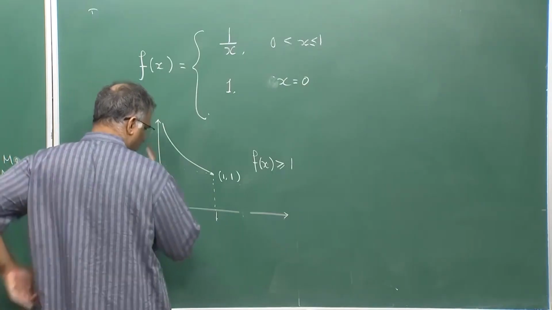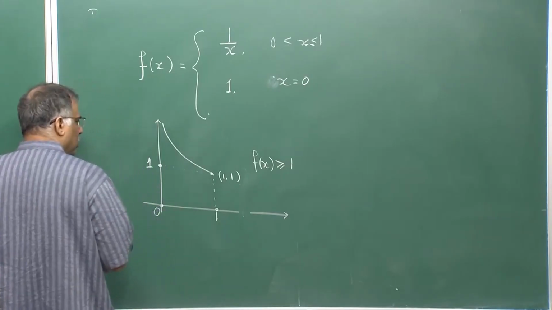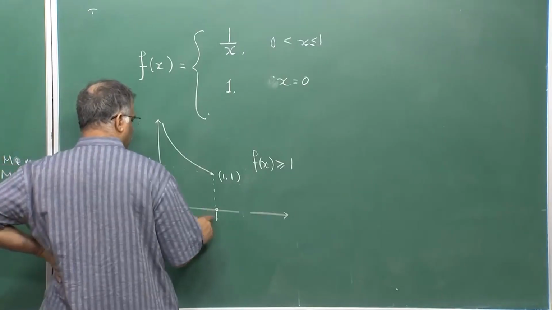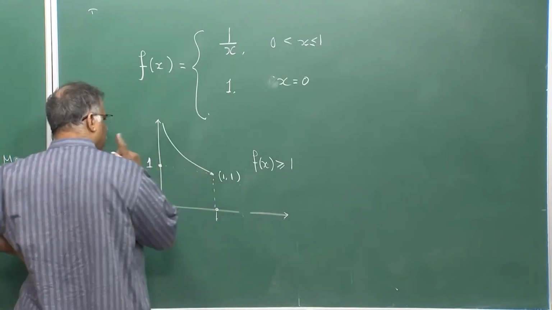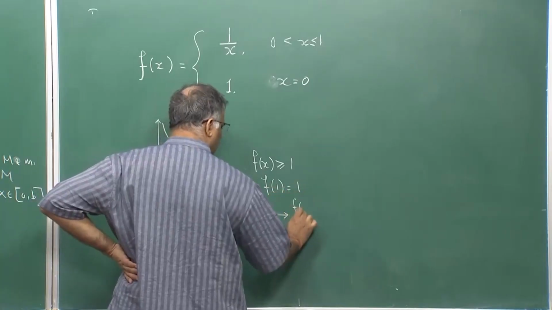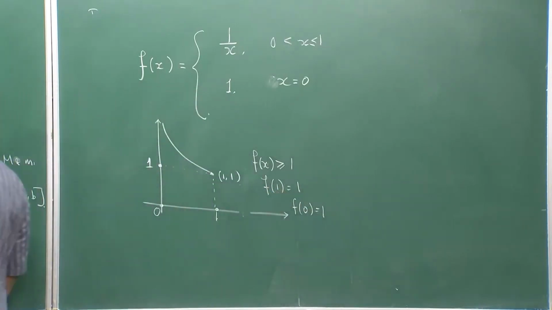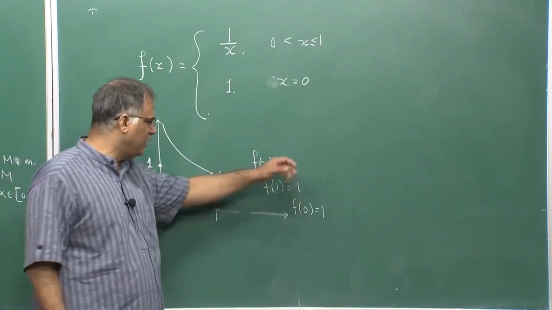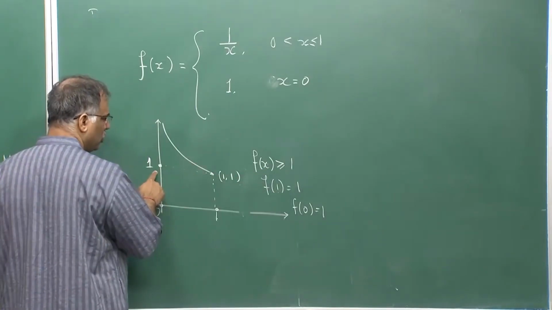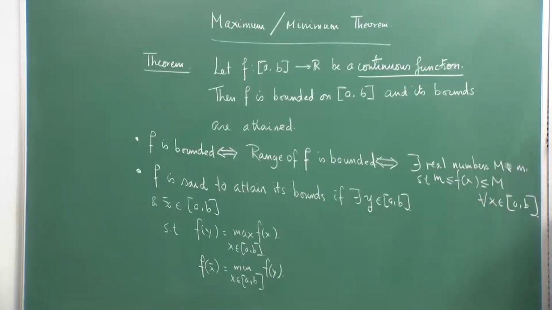Here my minimum value is attained at this one value, this is the bound. f of 1 is 1 and f of 0 is also 1. So, this is your x bar. The minimum value is attained. This is bounded below, but it is not bounded above. You cannot find the capital M for this function.